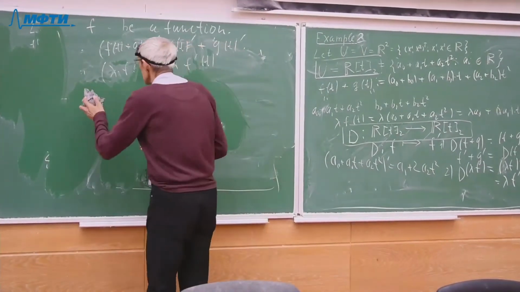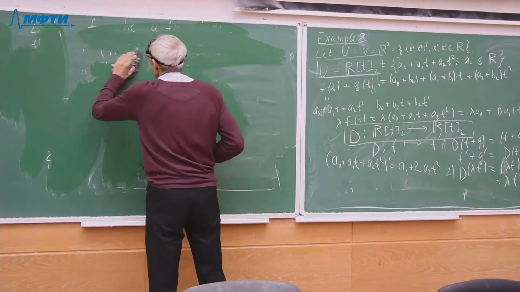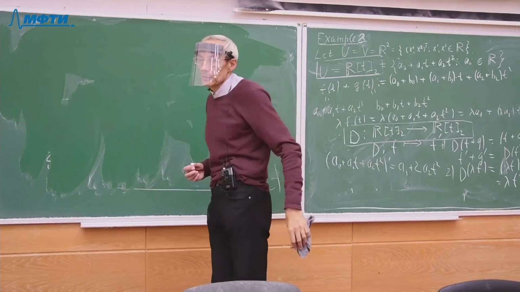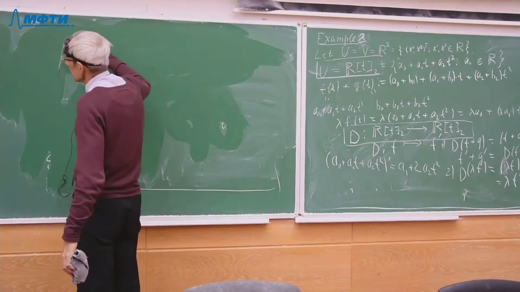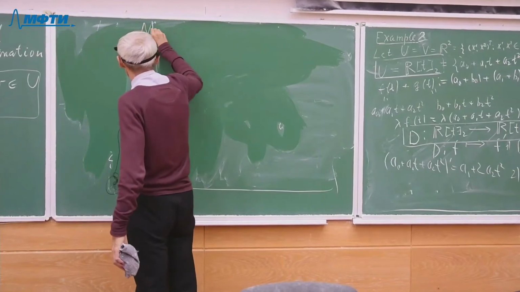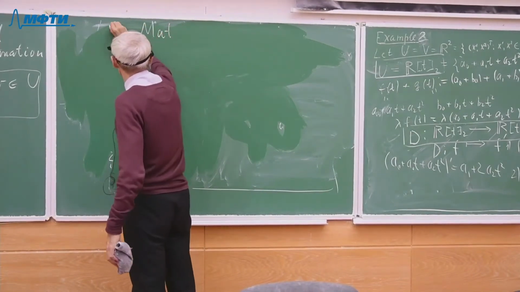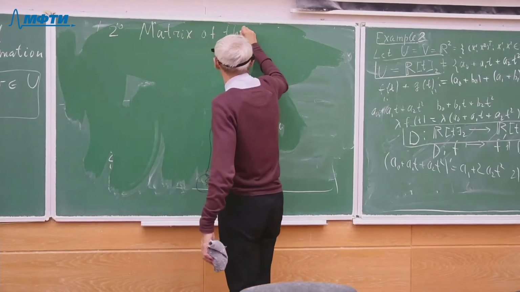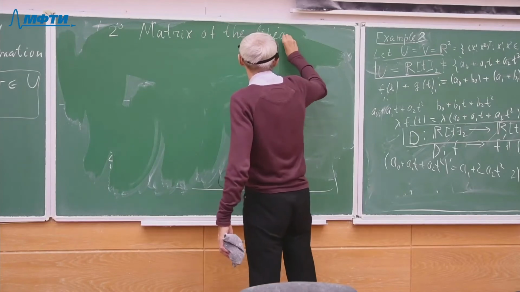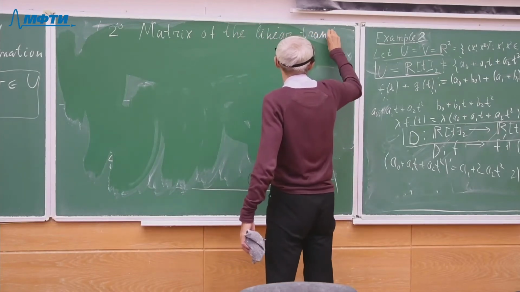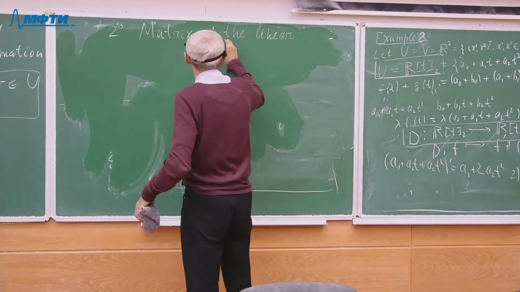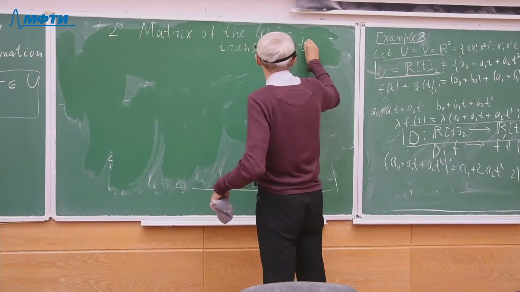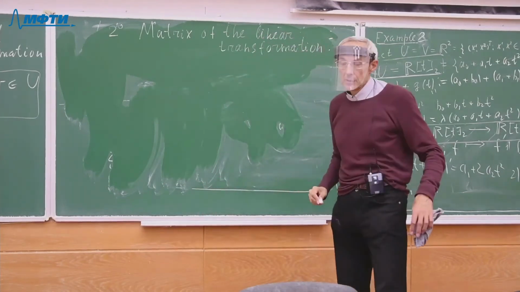We will try to correspond to any linear transformation some matrix, which we will call the matrix of the linear operator, the matrix of the linear transformation.